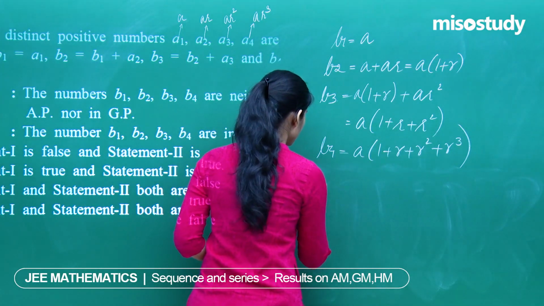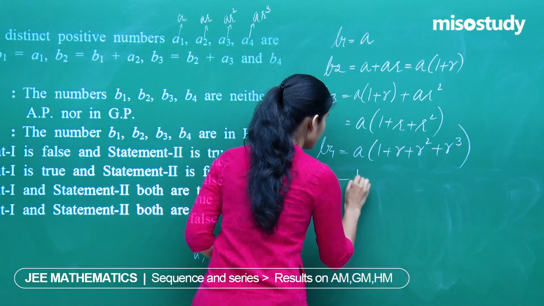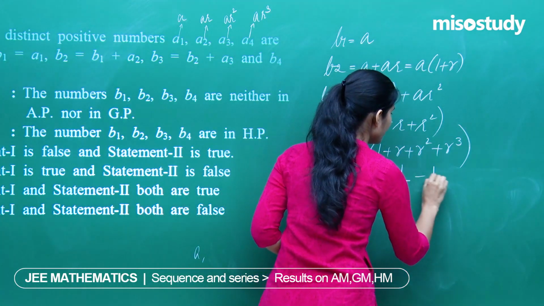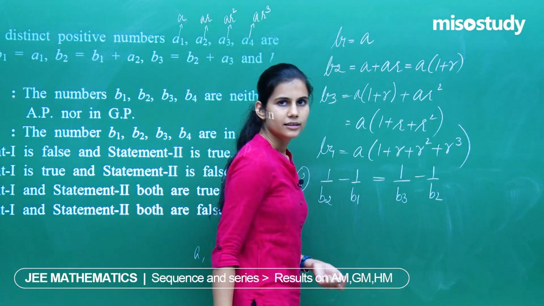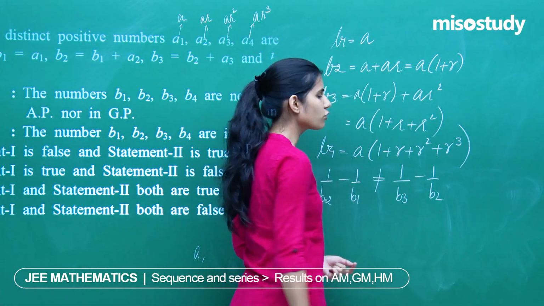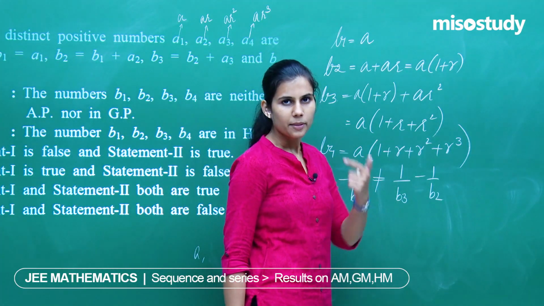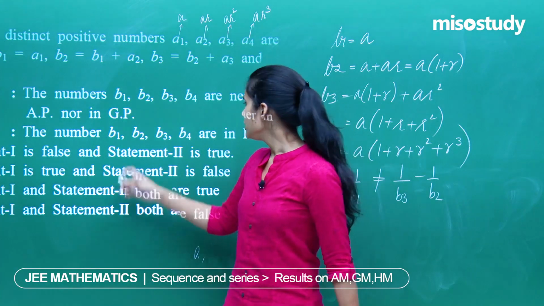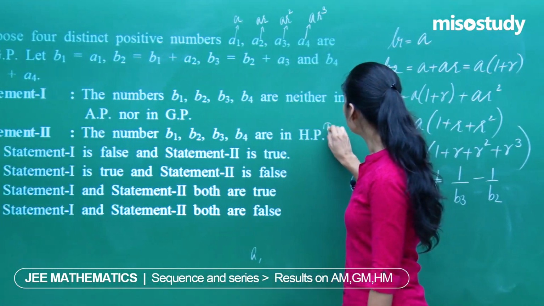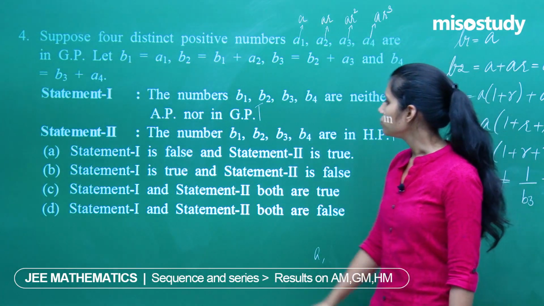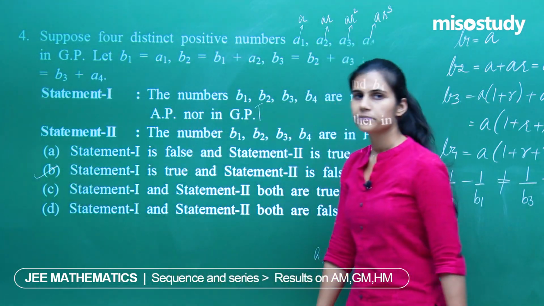So for that, if 1 by B2 minus 1 by B1 comes out to be equal to 1 by B3 minus 1 by B2, that means yes, they are in AP, but you are going to find they are not going to come out to be equal, in which case the reciprocals are not in AP, so the terms will not be in HP. So these terms are in HP, this is false and this is true. Statement 1 is true and statement 2 is false. Clear?